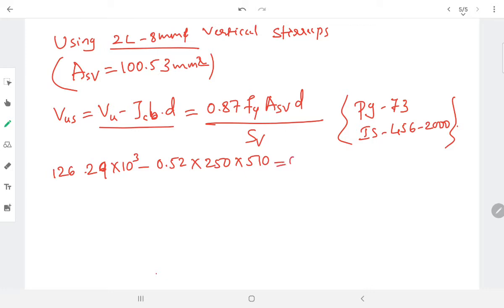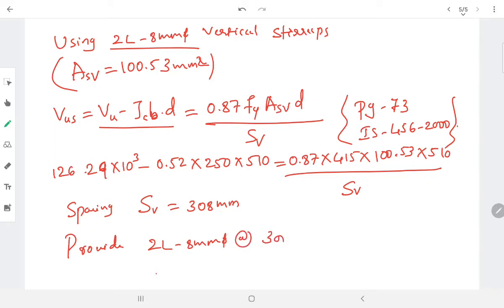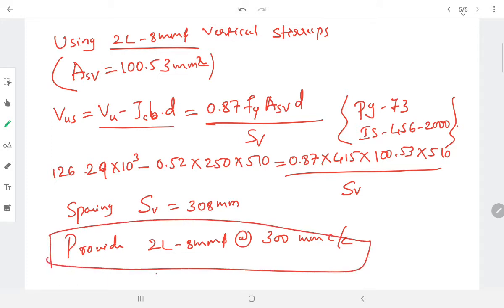Effective depth, 0.87, Fy is 415, ASV is 100.53, depth is 510, divided by spacing of vertical stirrups. So we'll get spacing of vertical stirrups as 308 mm. So finally provide 2-legged 8 mm pi stirrups at 300 mm center to center. So always spacing has to be taken lesser than the value we have got.